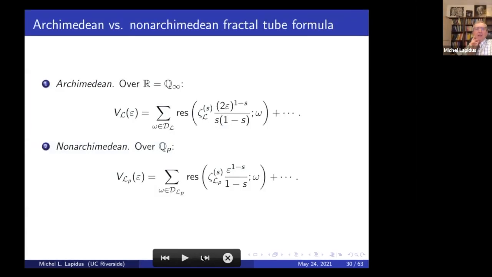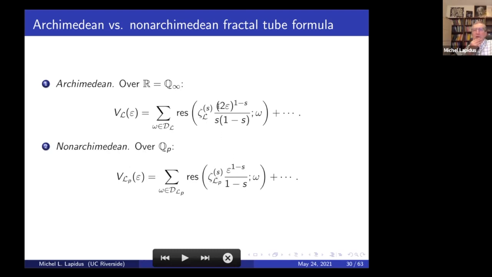Okay, so I think I'm close to, maybe I should stop here. Let me just stop with that slide. In the Archimedean case, there is a corresponding fractal tube formula, and let me just very briefly compare them. You have a 2 epsilon to the power 1 minus s divided by s times 1 minus s times zeta L. In the non-Archimedean case, over Q_p, you have this expression that I've just mentioned.